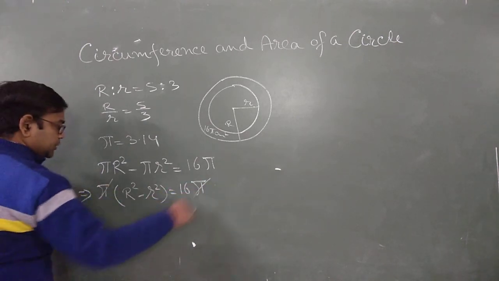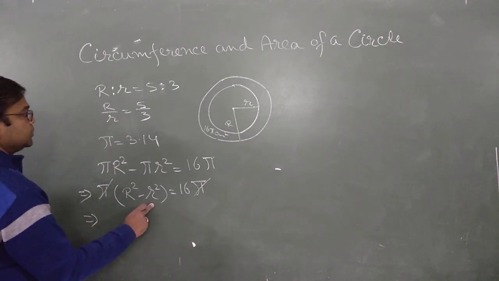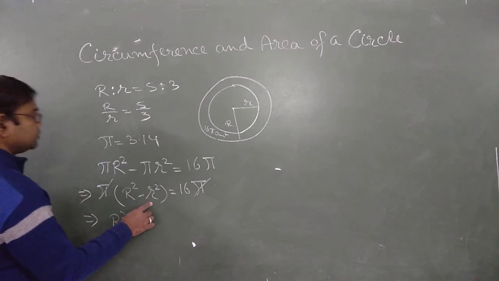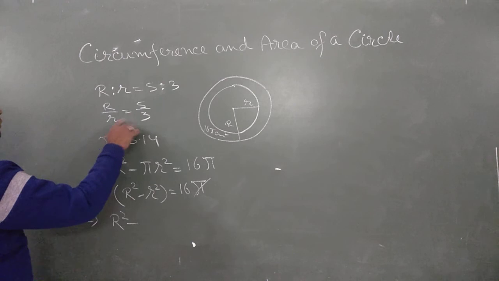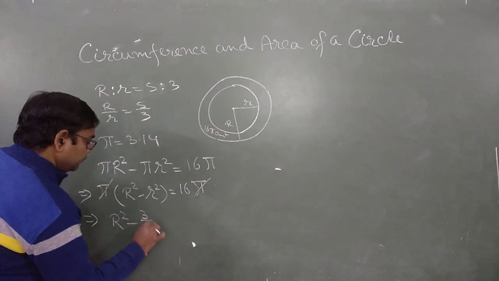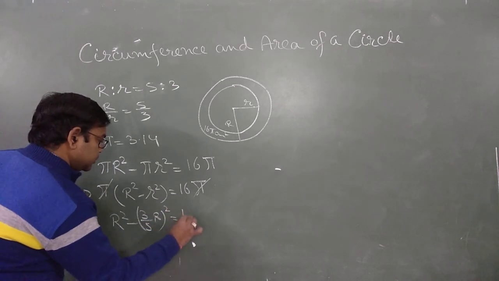Pi cancels each other. Now here we have R square minus r square. So R square as it is, but in place of small r, we can write 3 upon 5 capital R square equals 16.